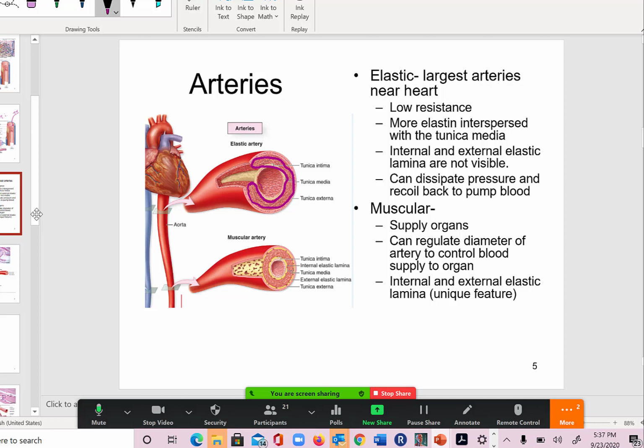One large elastic artery like the aorta is going to branch off into smaller arteries called muscular arteries. They are still in close proximity to the heart, and they are still receiving quite a good amount of that stroke volume, but not all of it. As the blood goes through the aorta, there are options, sort of like off-ramps off of the freeway.